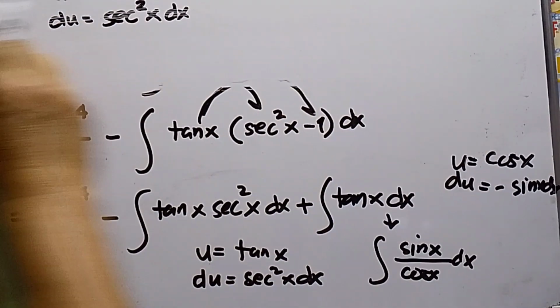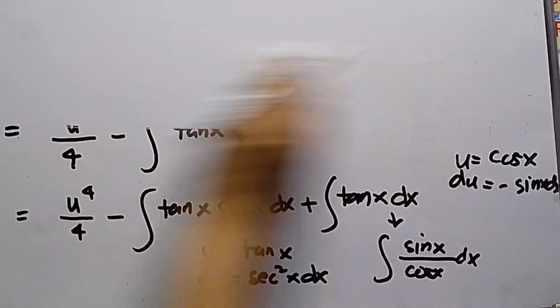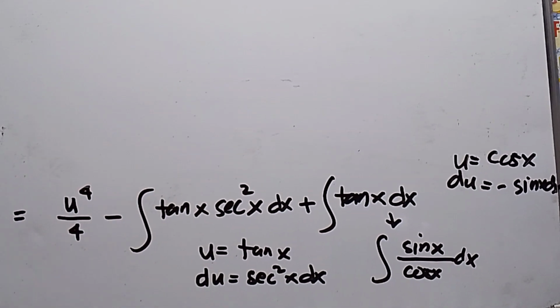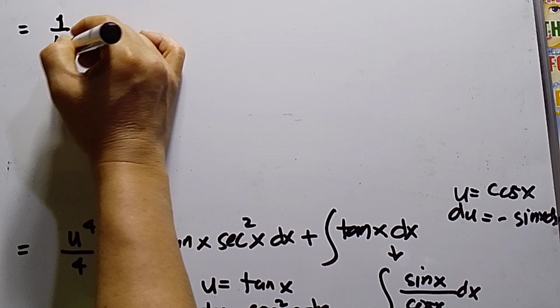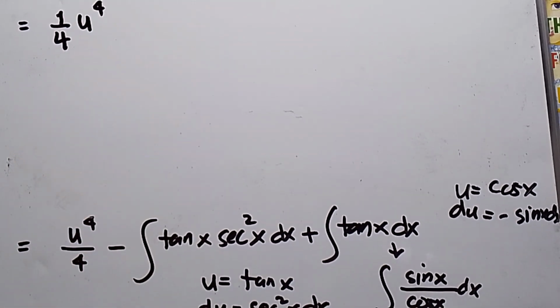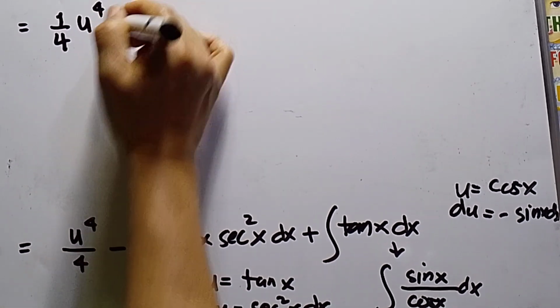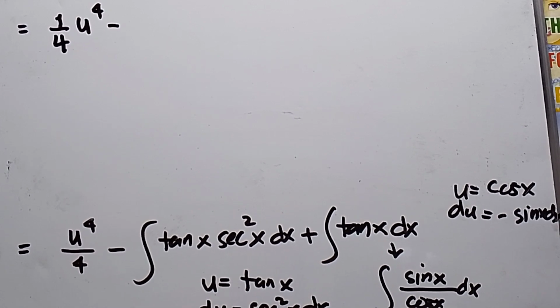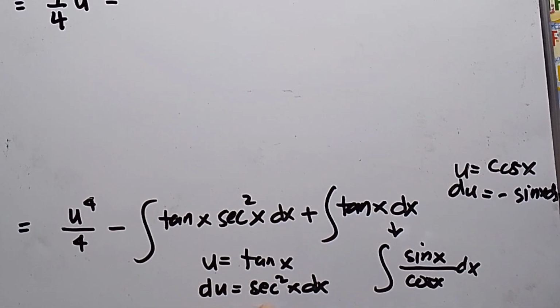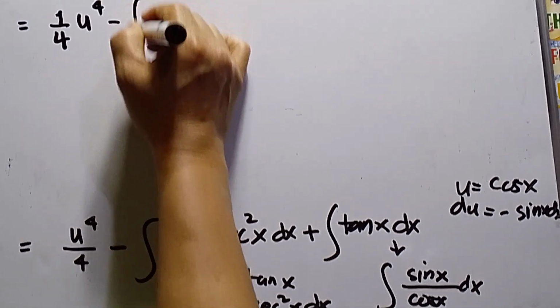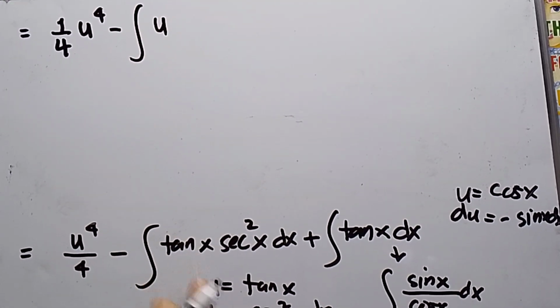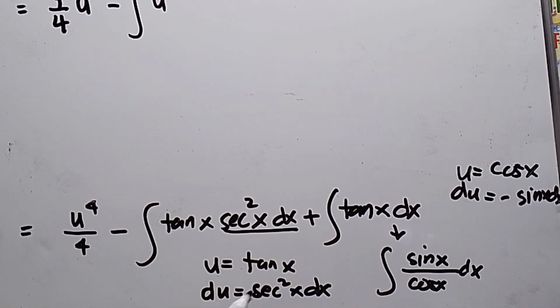So I need to erase at the top. So I have now 1 over 4 u to the 4 and then minus. So u will be tangent x, du is secant squared x dx. So this will be integral of u, then secant squared x dx is du.